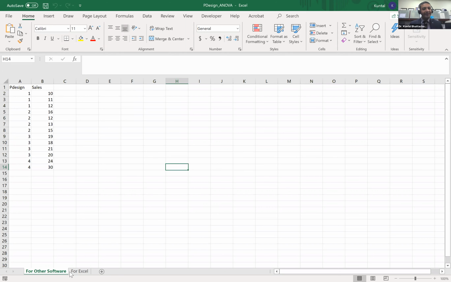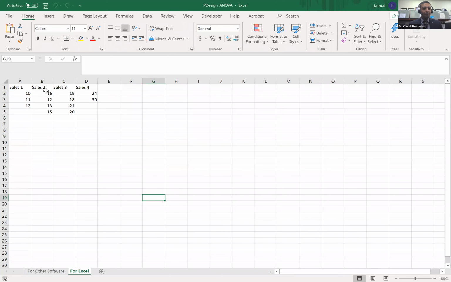The one tab says for other software, and again, this is where Excel is a different kind of animal. Excel is not designed to actually do statistical analysis. That's why we have add-ins that help us get through. So for Excel, you now have to tame that data and build it in the same way that we just studied, so that Excel can break it into all of those four sales areas based off of package design.